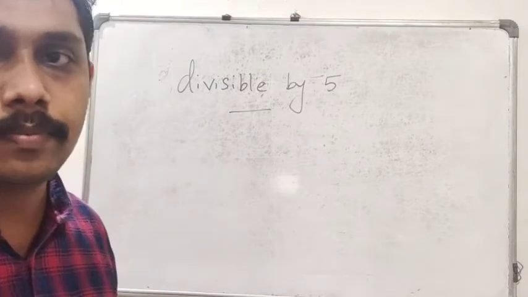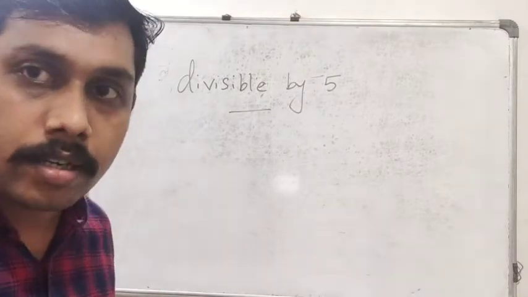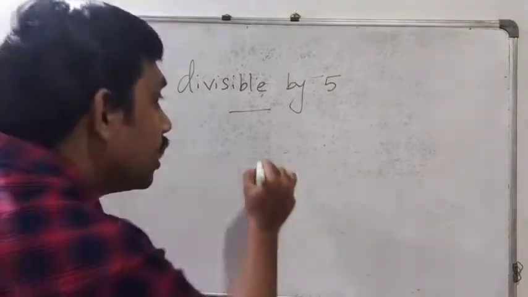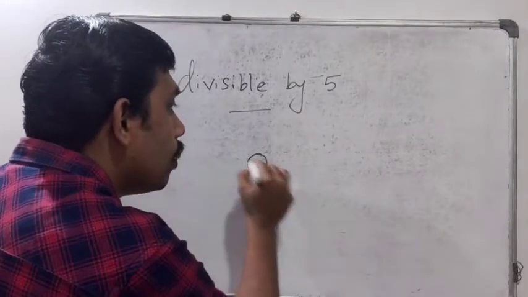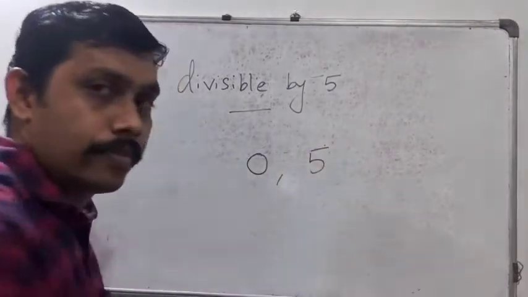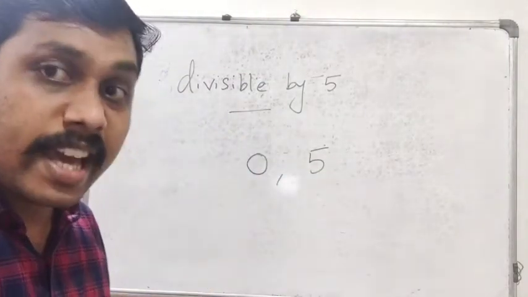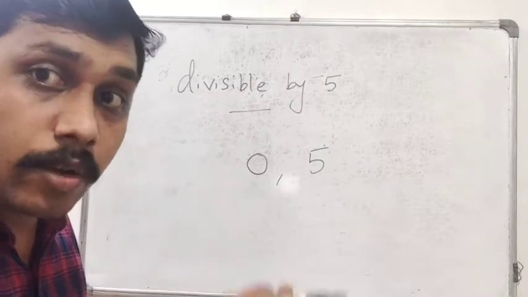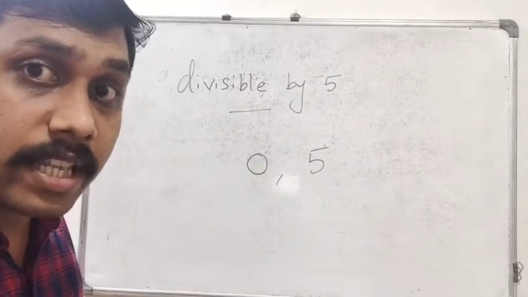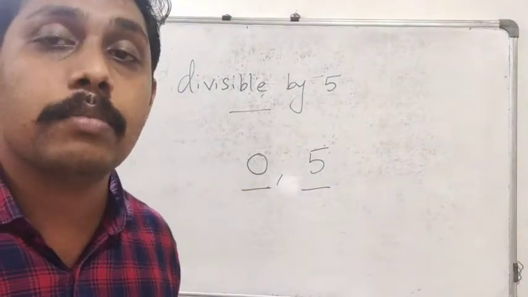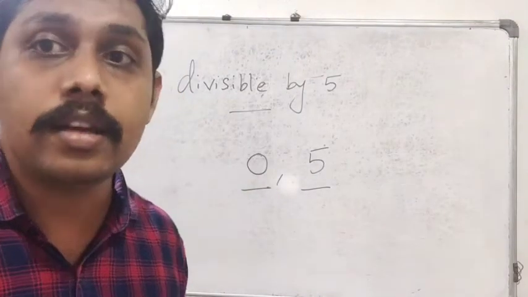It is very simple. If we have a number with the digit 0 or 5 in ones place, then we can divide that number by 5.